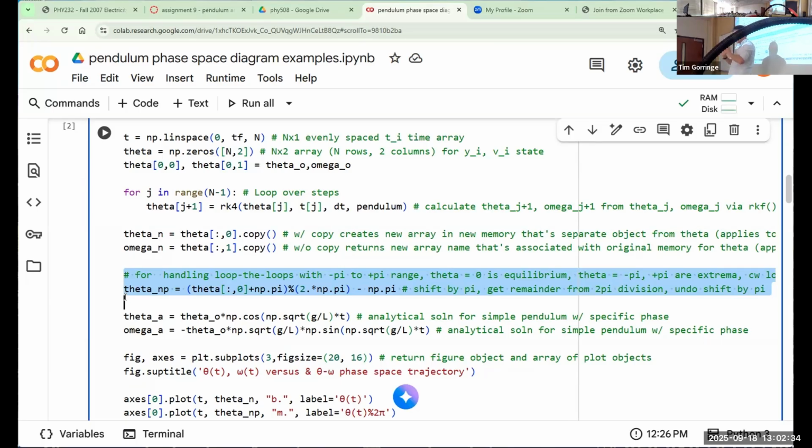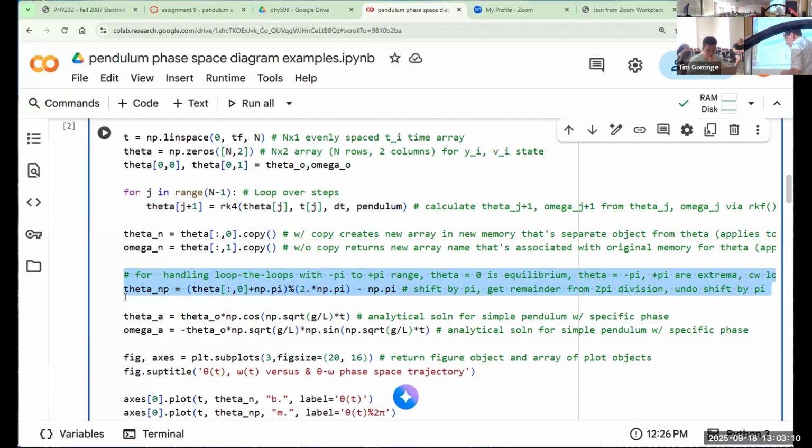I then divided by 2 pi, got the remainder, and then subtracted off the pi that I added on afterwards. So I put on this offset of pi, divide by 2 pi, and then subtract off that offset. That keeps the equilibrium position of the pendulum as a theta of 0, and the extremes of the pendulum at minus pi and pi. And I think you'll see that on the plot. So that was the idea there.